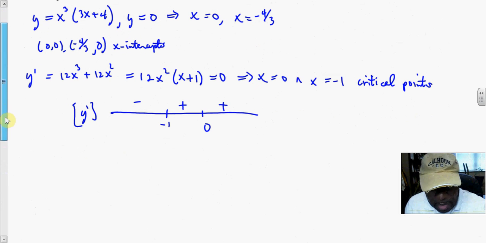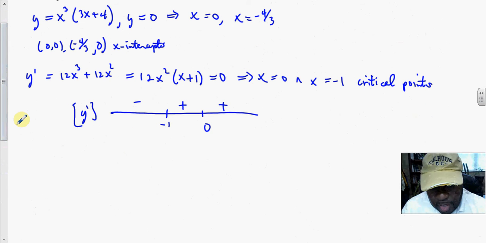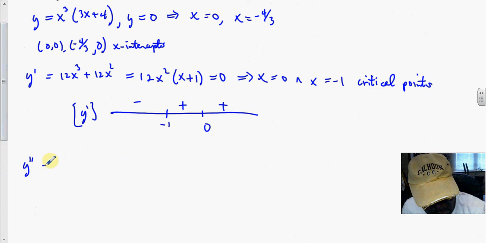Now, it will be helpful to also investigate the second derivative for concavity and points of inflection. So y double prime is 36x squared plus 24x.